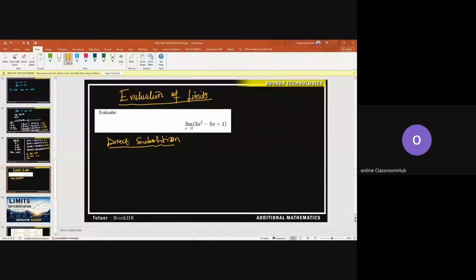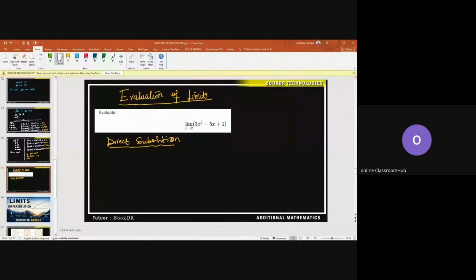But if it doesn't work, then you move to the next stage, the next level. We have different stages. So now I will give you functions where it will deal with direct substitution. Sometimes direct substitution will not work. Then you have to move to the next level. But always the first step is to do direct substitution.